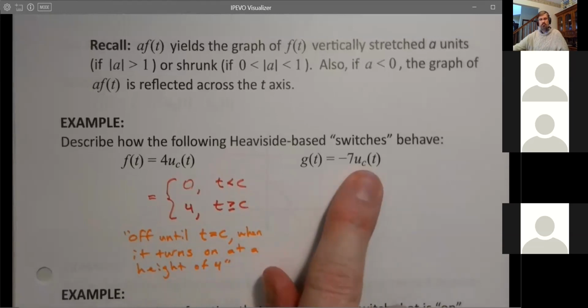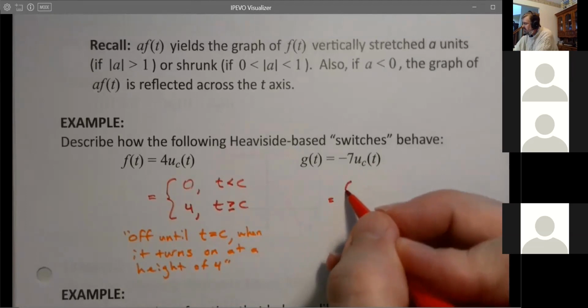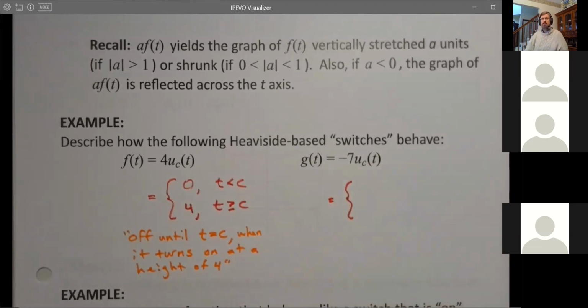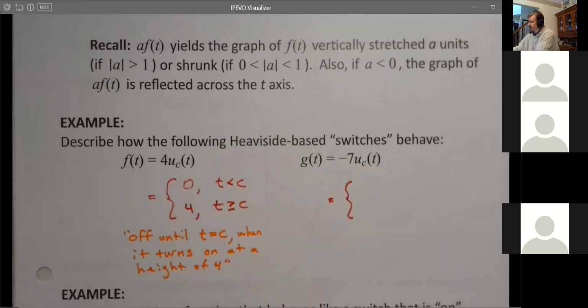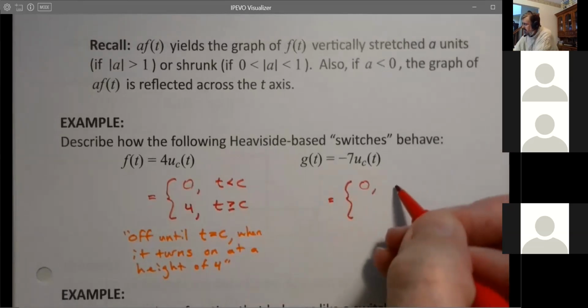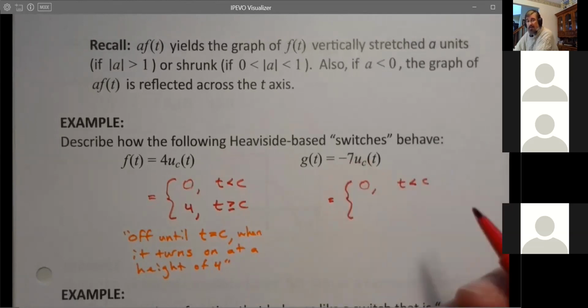How about this one? What would this look like? If you had to write this as a stepwise function. Up until, same thing, up until t equals c, it's going to behave like 0 as long as t is less than c. And then after that, we just multiply it by -7.